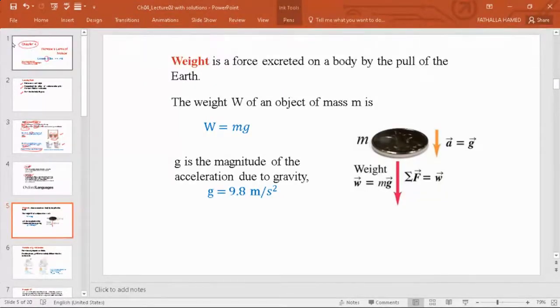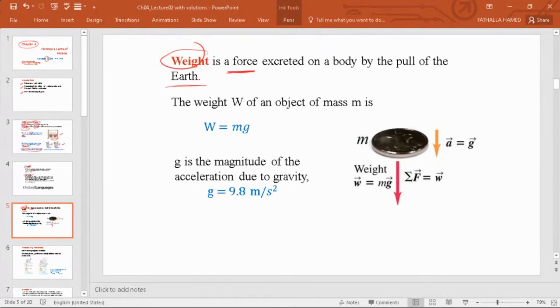Now, weight is different. Weight now is a force, okay, exerted on a body by the pull of the earth. If you are here on the earth, the weight will be exerted by the pull of the earth on the object. If you are on a different planet or on the moon, for example, you will experience a different gravity, okay, and the weight will be different.